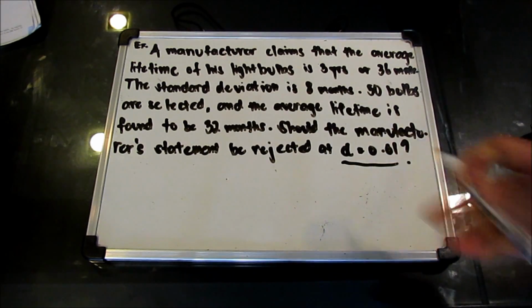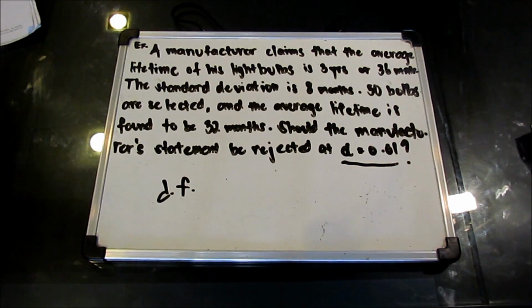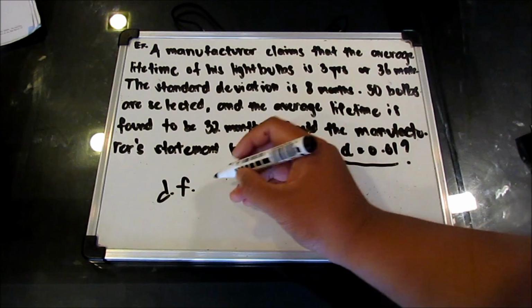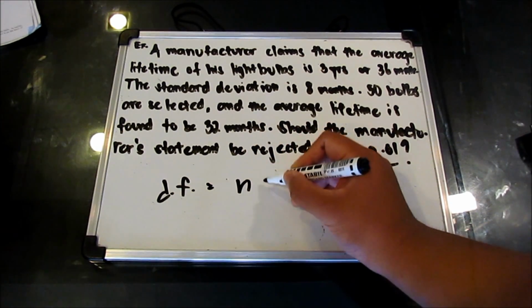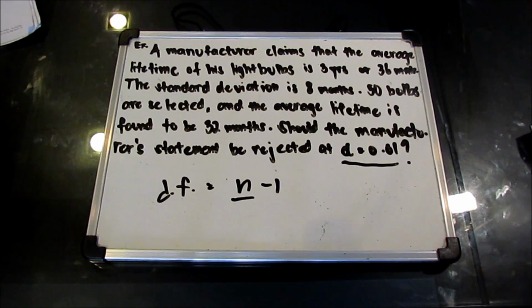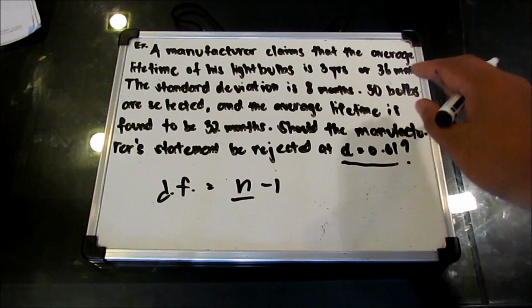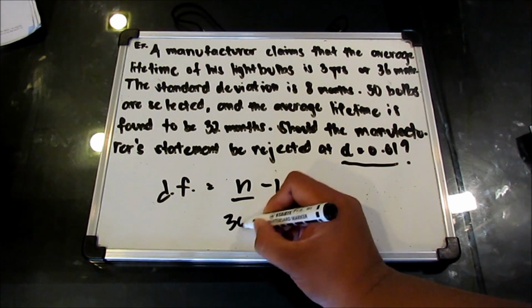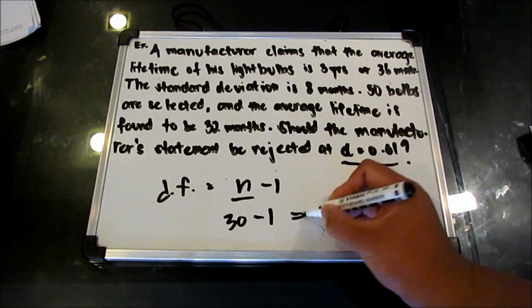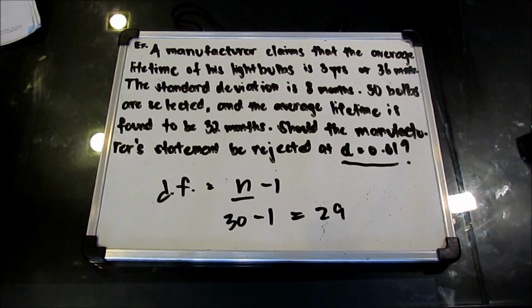The formula for the degree of freedom is n minus 1, where n is the number of samples. In our example, we have 30 bulbs. So 30 minus 1 gives us 29. So now we have our degree of freedom, which is 29.